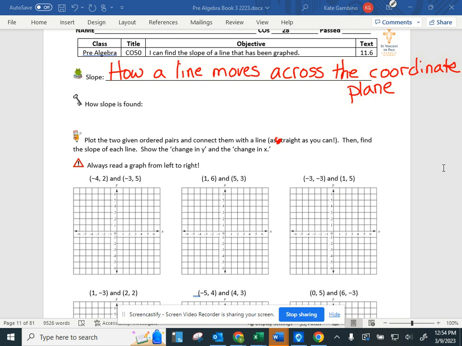How to find the slope, we can say it in several different ways. One way we could say it is the vertical change. Vertical means up and down. Vertical change over the horizontal change going across. So if it's vertical, up and down, which axis are we looking at?